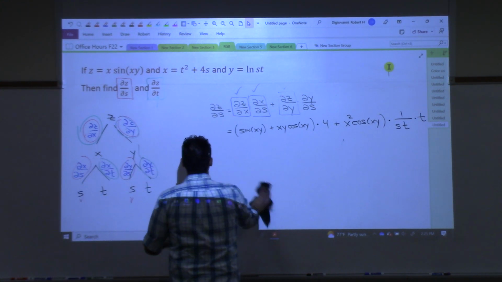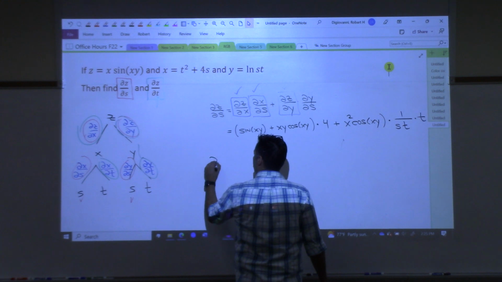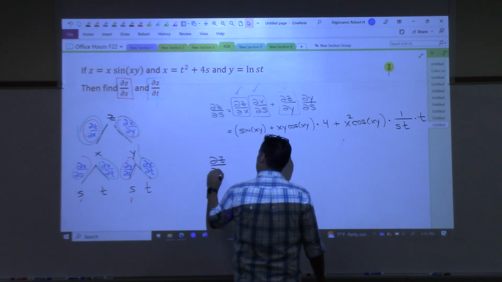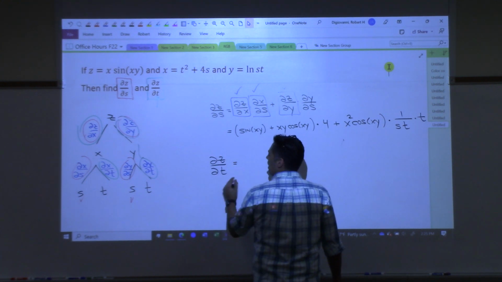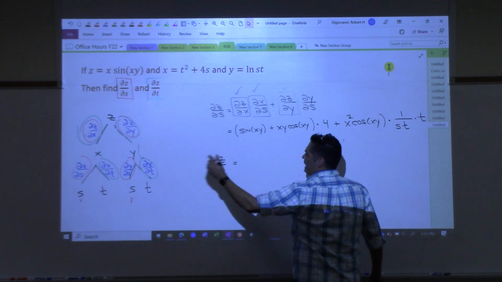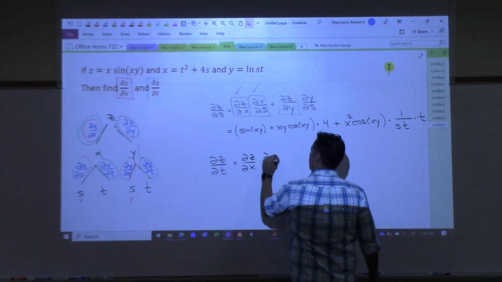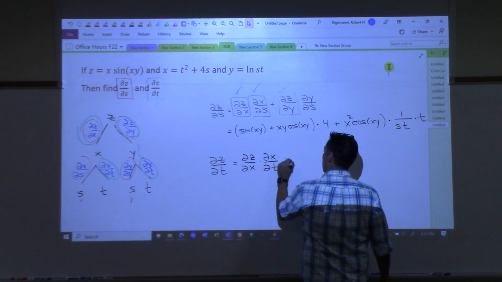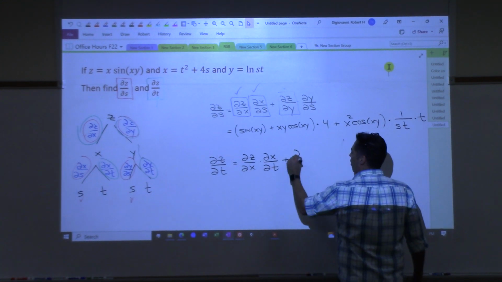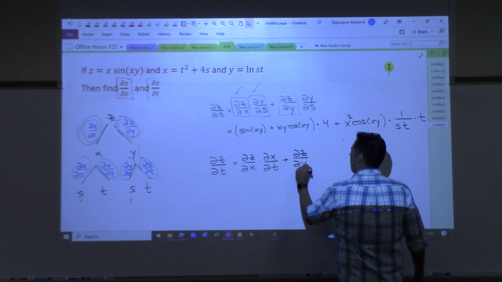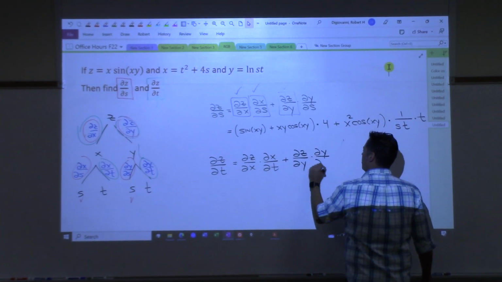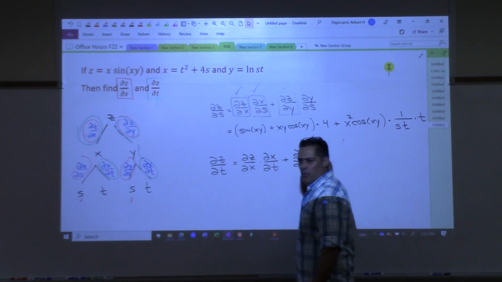The tree is the more important thing. The partial of z with respect to t would be the green branch down the left: partial z with respect to x, partial x with respect to t, plus the green down the right side, partial z with respect to y, partial y with respect to t. And then you go figure out what each of those pieces are.